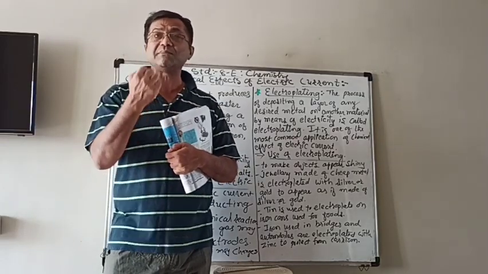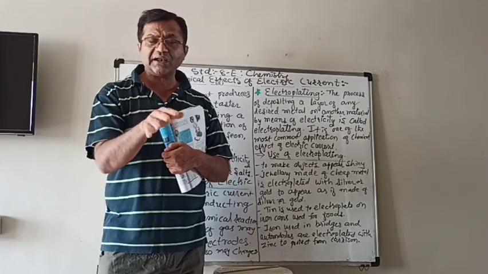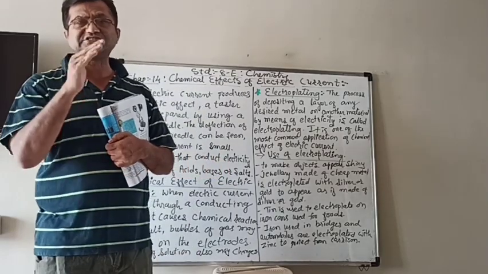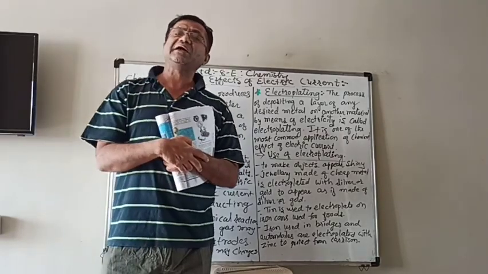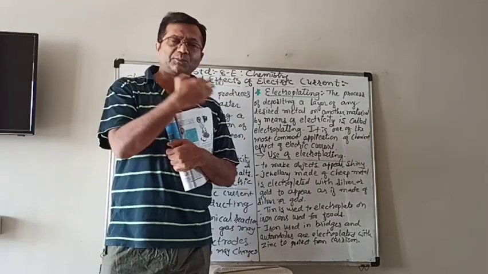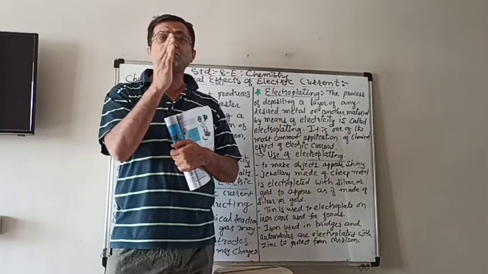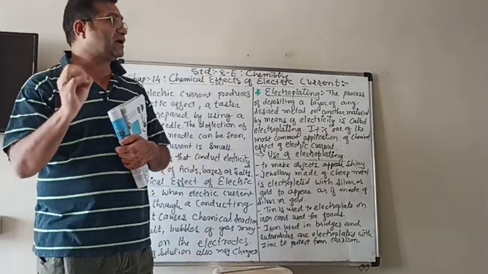It looks like it is made of gold or silver, but in reality it is made of cheaper metal. But if you make a layer by depositing, by electrolysis, the layer of gold or silver, then it looks like real gold.